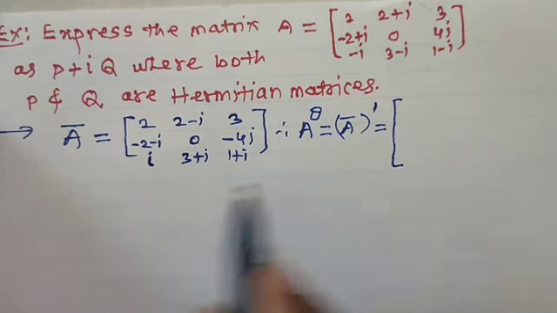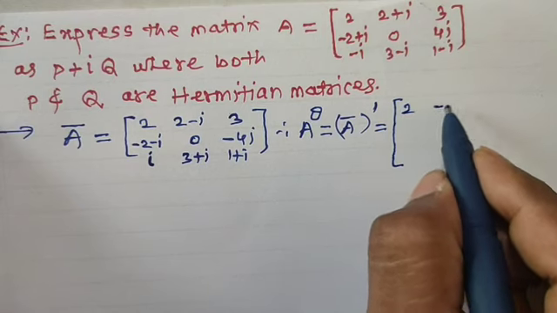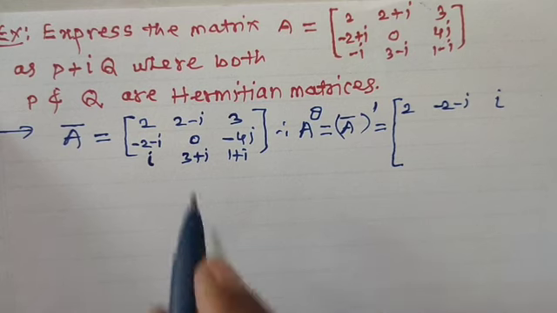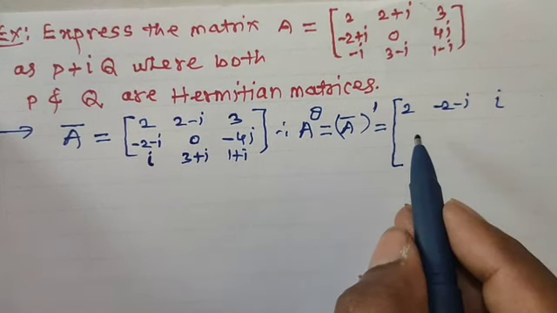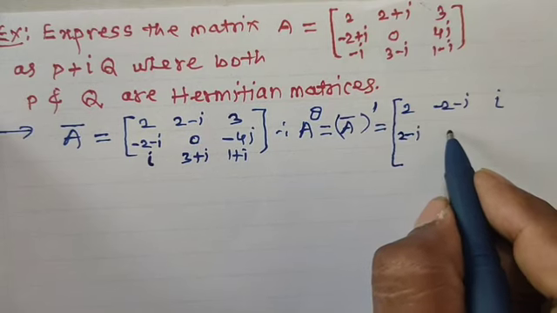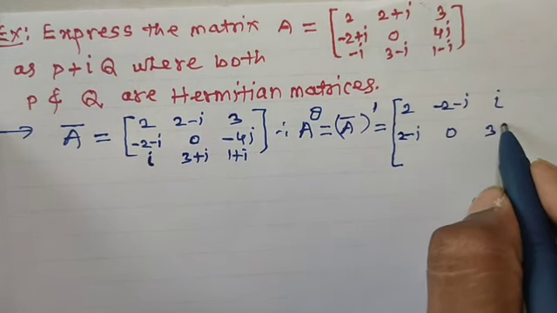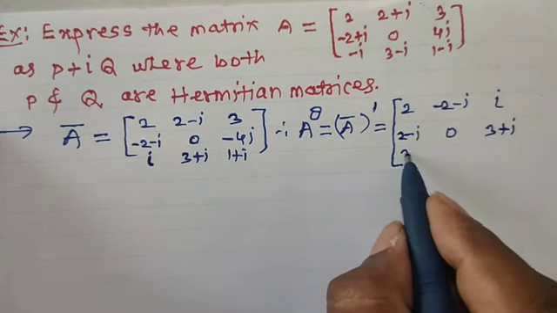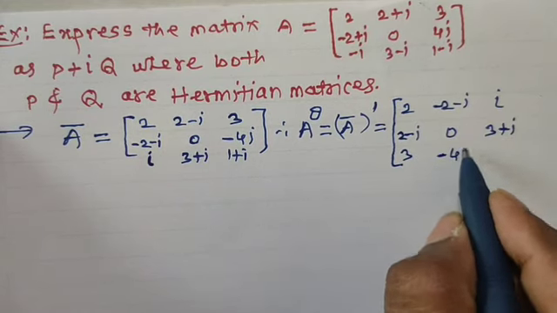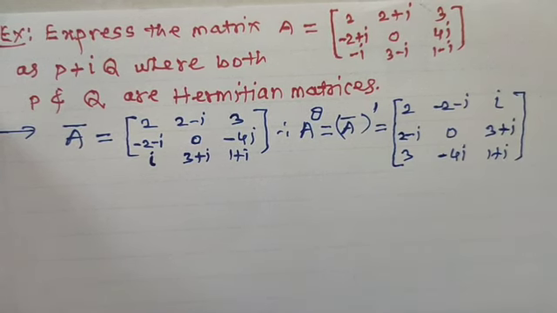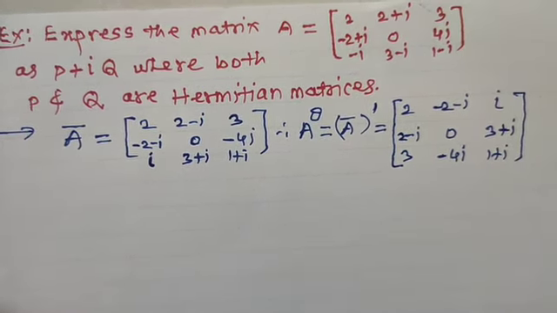This first column 2, minus 2 minus I, this is first row. Second column becomes second row of this matrix, 2 minus I, 0, 3 plus I. Third column becomes third row of this matrix, 3, minus 4I, 1 plus I. Okay, this is conjugate transpose of matrix A.